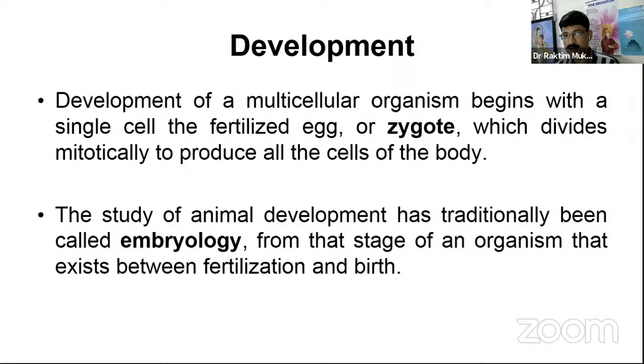According to embryology, there is a stage of an organism that exists before fertilization and birth. This suggests that birth is a vantage point or a full stop where development should stop. But is it worthwhile to say that development stops at birth?